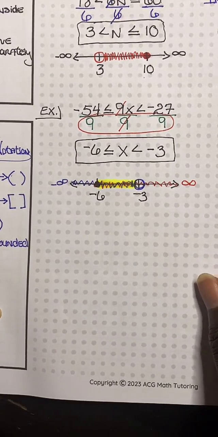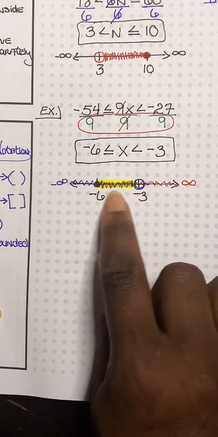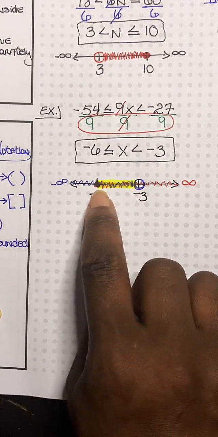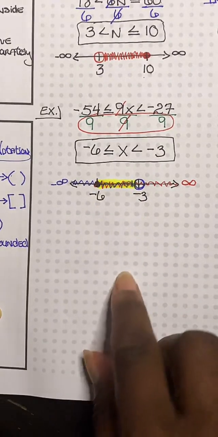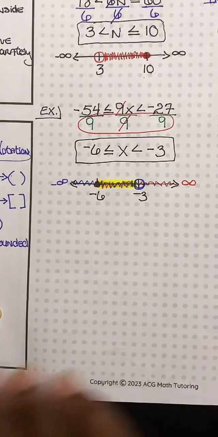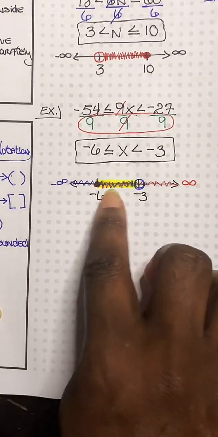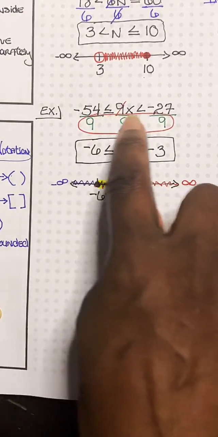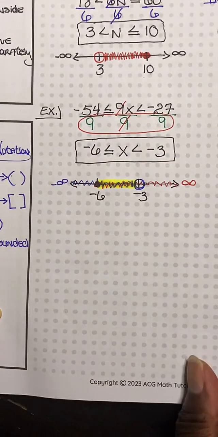Right. We're not doing all that. No, that's why you do the shading. You're doing the shading because you're telling them, hey, all those numbers, not just the whole numbers, also those fractions, also those decimals that fall in between here and include -6 is going to make this into a true statement.